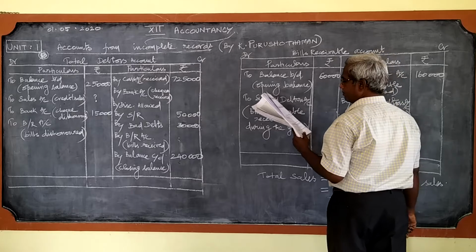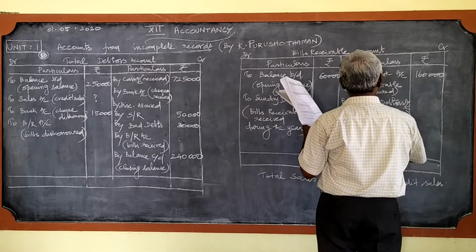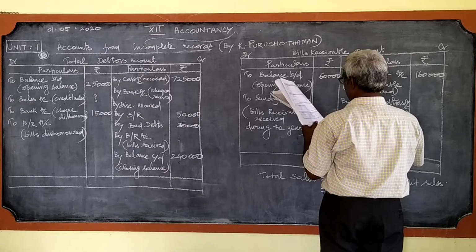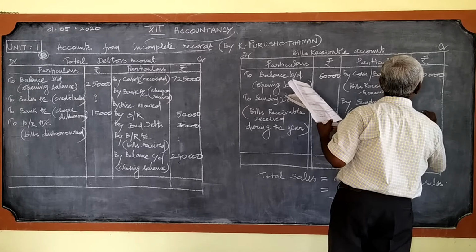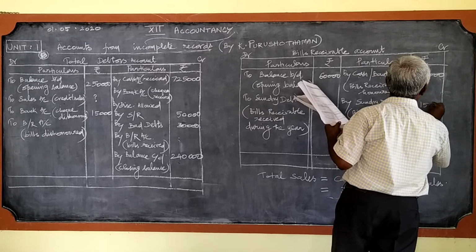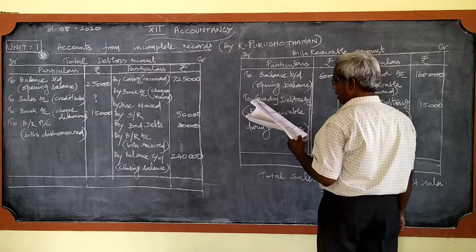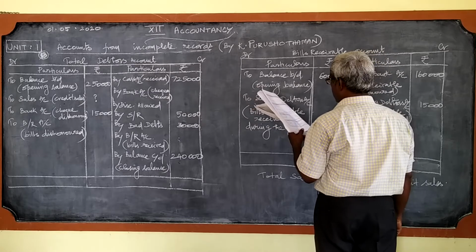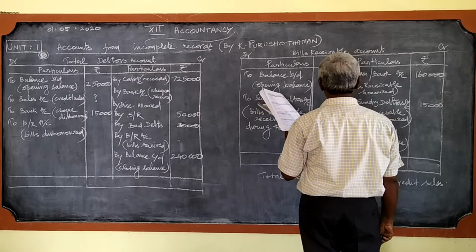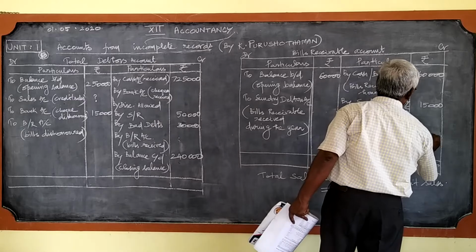Then the next item, bills receivable dishonored, the amount is 15,000. And the last one is bills receivable as on 31st March, that is closing bills receivable. This is the balance carried down, 90,000.